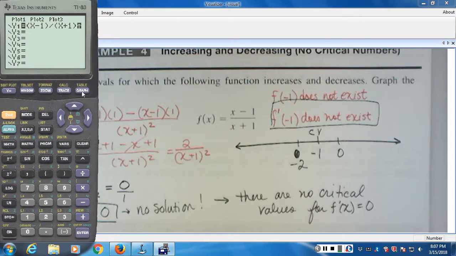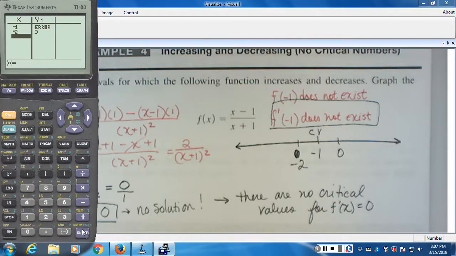So we're going to go to the table, and the only values we're interested in, since you notice that we got an error when we plugged in -1. So if we plug in -2, we get 3.